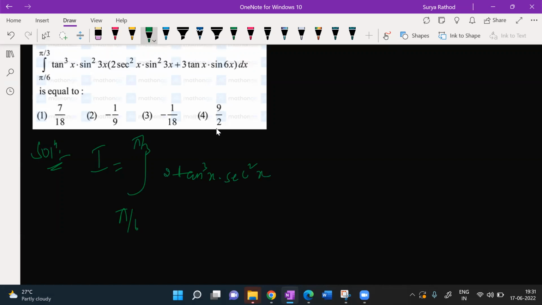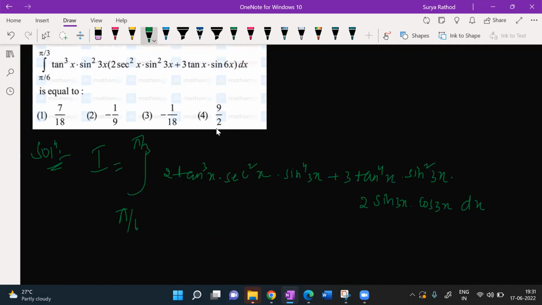So 2 will be in front, secant square x into sine to the power of 4 3x plus 3 tan to the power of 4x multiplying, into sine square 3x into 2 times of sine 3x into cos 3x into dx.